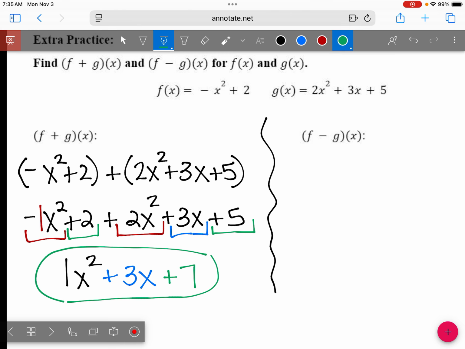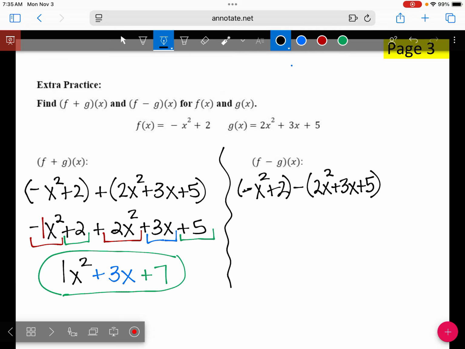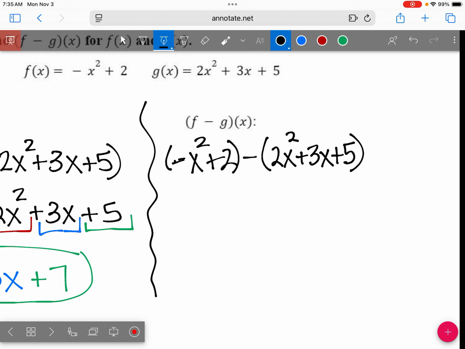All right, let's do our subtraction. Now for subtraction, I do have to do a little bit of extra. So I have the negative x squared plus 2 minus 2x squared plus 3x plus 5. Now we're going to do that one more time, except this time, all of my signs are going to change.